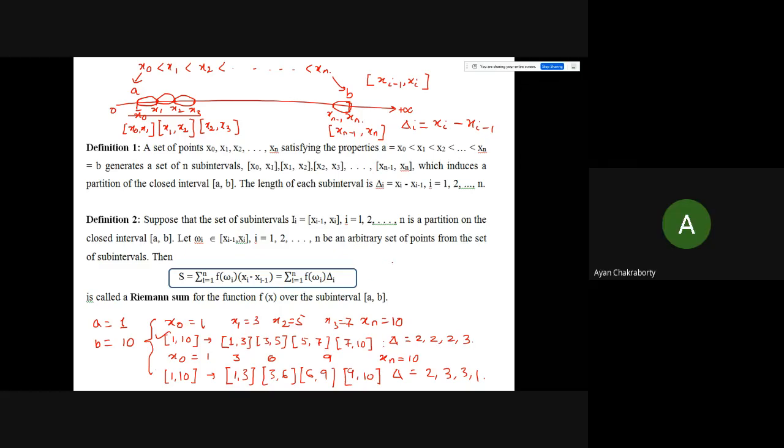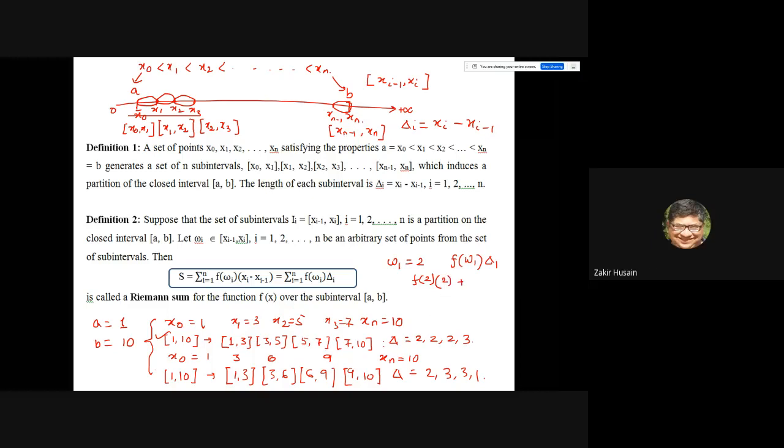So 2. Okay, so omega 1 is 2. So we find out what is the functional value over here. What is F2? And what is the length of the interval? This is 2.